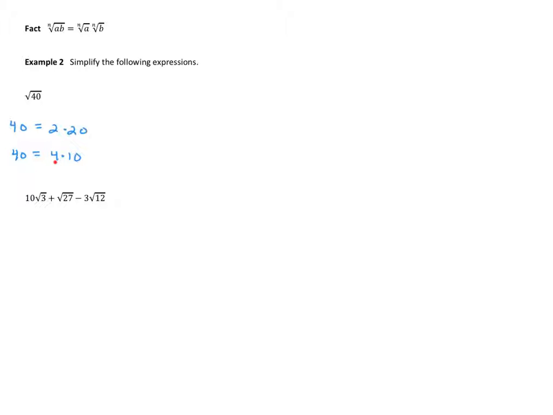It works out perfectly. So the goal here is to take 40, replace it with this, and then break the square root up into a product. So here's what we have. The square root of 40 is really the square root of 4 times 10, but this is the square root of 4 times the square root of 10. And as we already noted, the square root of 4 is 2, and then we have the square root of 10 left over.